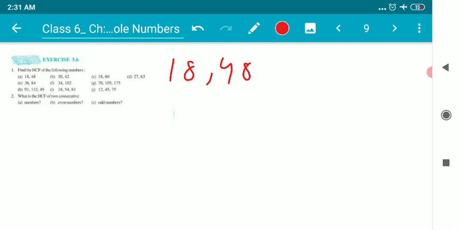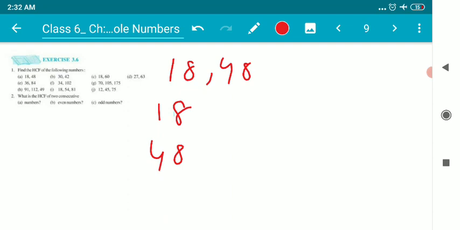The division method has not been introduced here in this chapter. It will come later. You will come to know about that. So here we will use the prime factorization process to find the HCF of the following numbers. What are those numbers, children? One is 18 and the other one is 48.